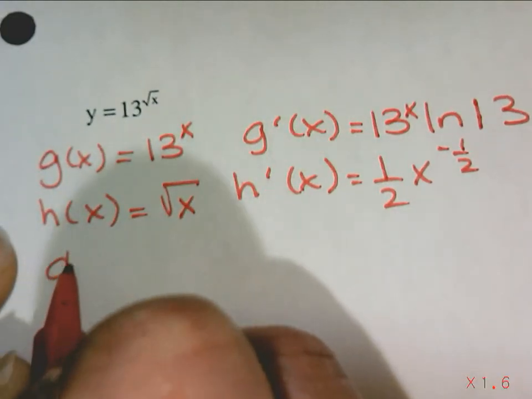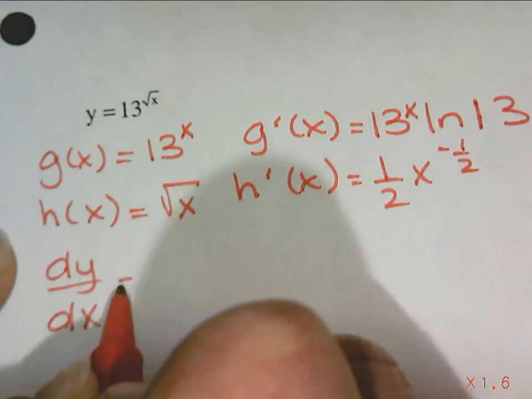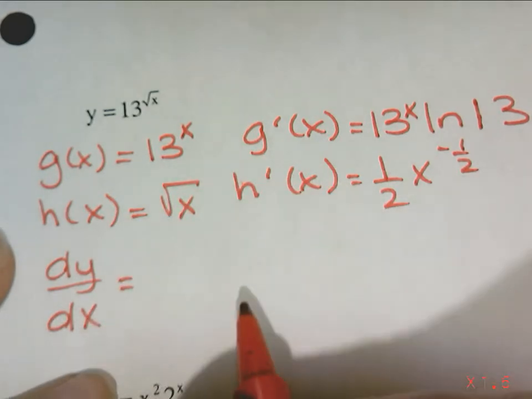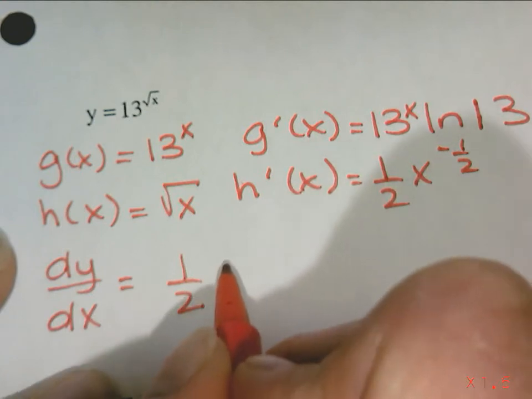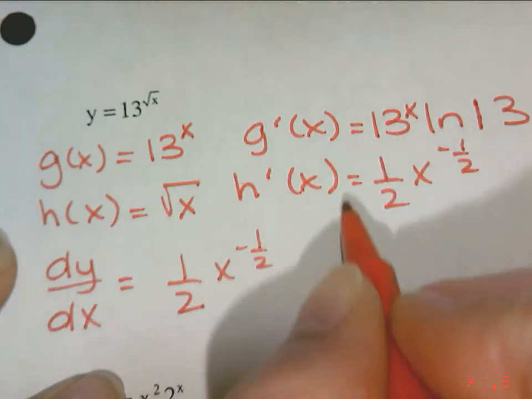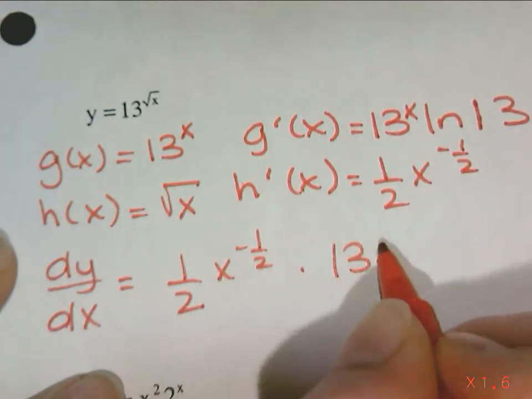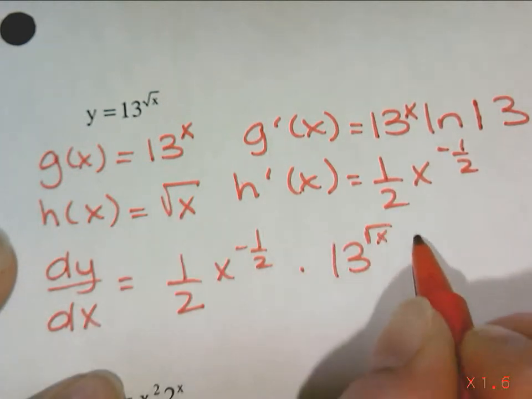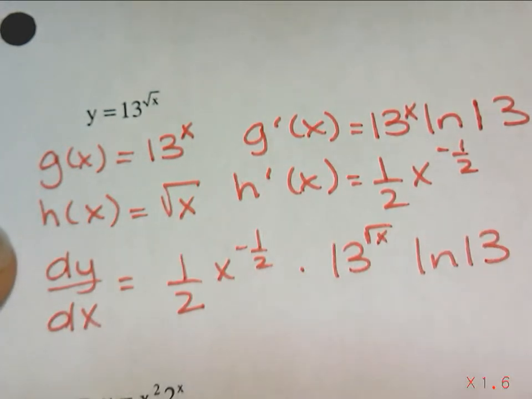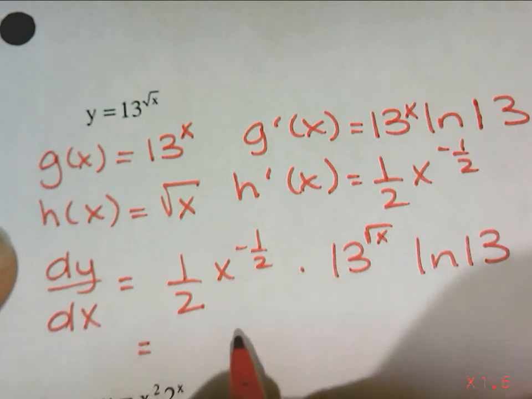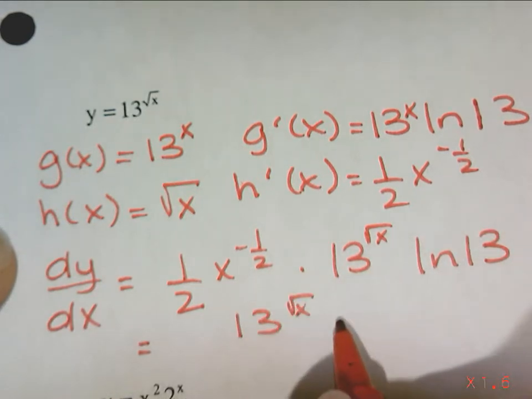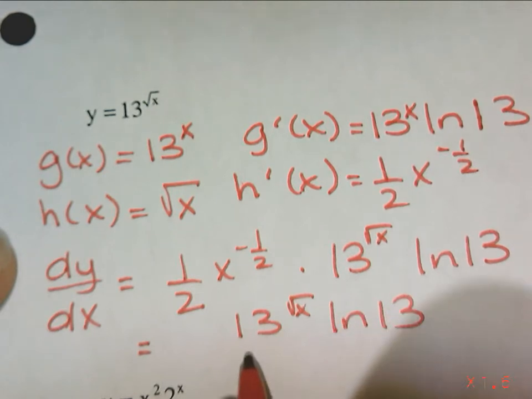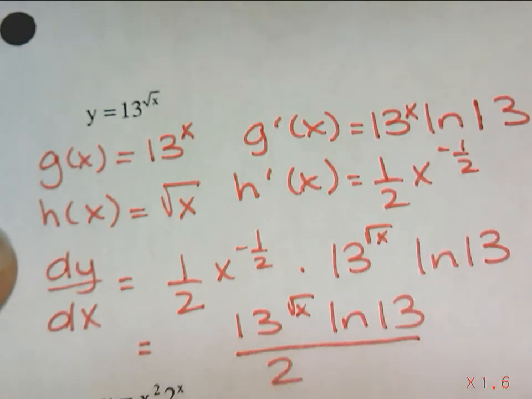Putting those together, I'm going to use dy by dx this time. I can say that it is h prime, g prime of h of x. And I can simplify this to get 13 to the power of root x ln 13 all over 2 root x.